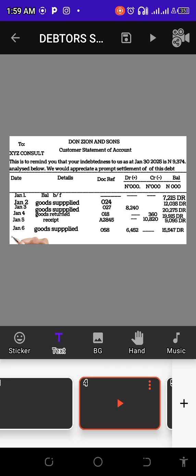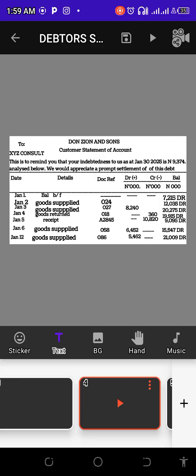You add it to the outstanding balance, it becomes 19,547. On the 12th, there was good supply also. Good supplies will be posted at the debit side, and we increase balances. If you add it to the balances, it will become 21,009 naira debits.